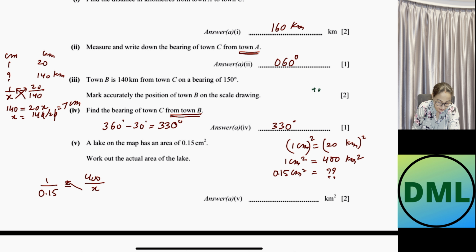Let's do the cross multiplication. x is equal to 400 times 0.15. If I move the decimal 2 places to the right, I write 100 in the denominator. 2 zeros get cancelled. 15 multiplied by 4 is 60. My answer is 60 kilometer square. That will be the actual area of the lake.